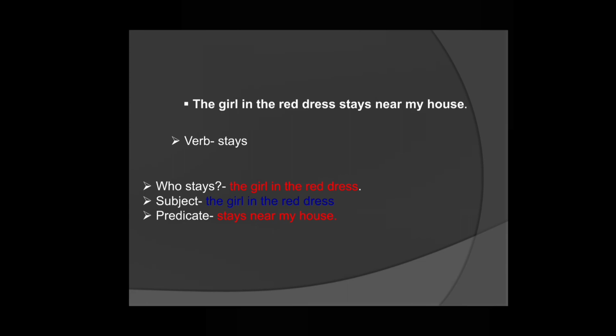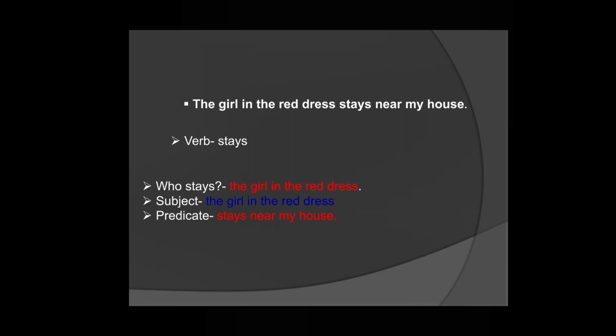In this kind of sentences, if we say only the girl, then we are not giving the complete information. The complete information in the sentence is the girl in the red dress. So when you ask the question, who stays, your answer should be the girl in the red dress.